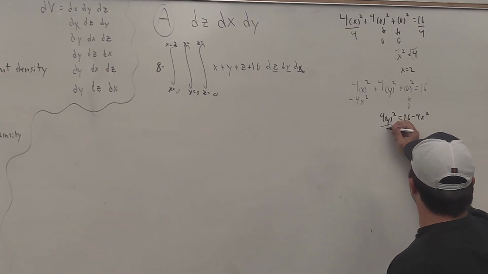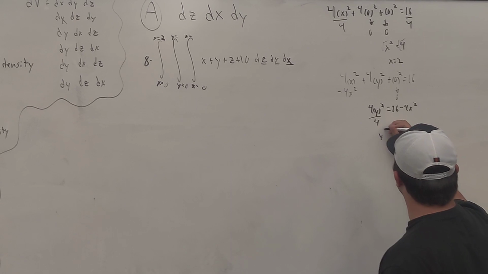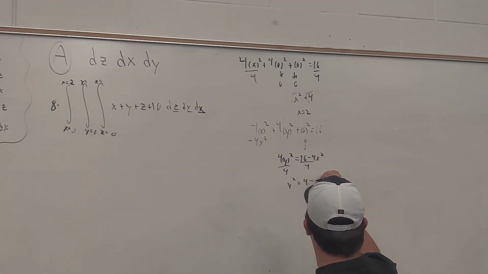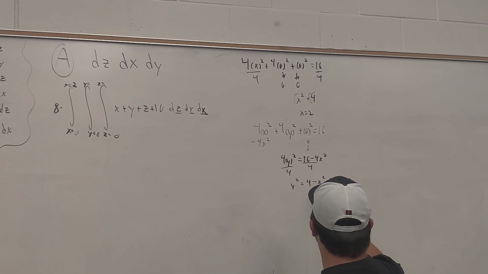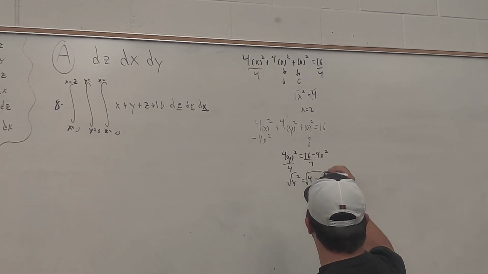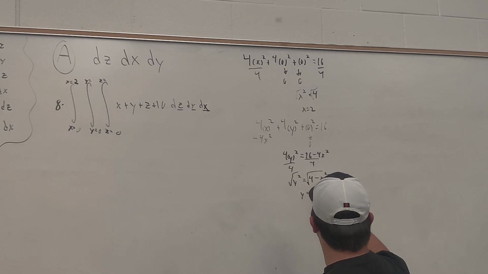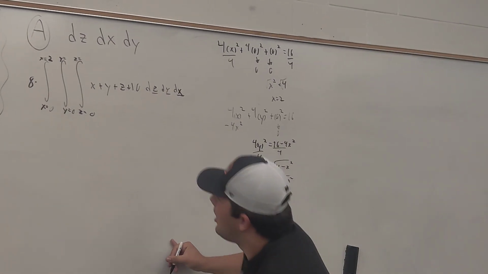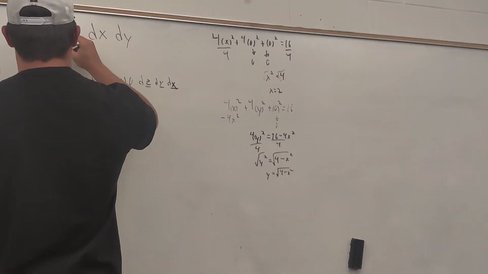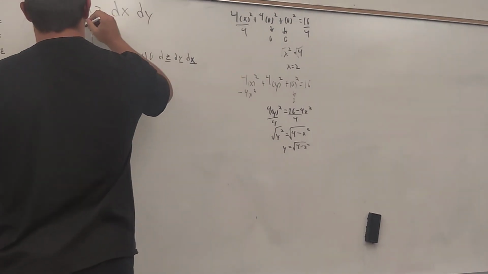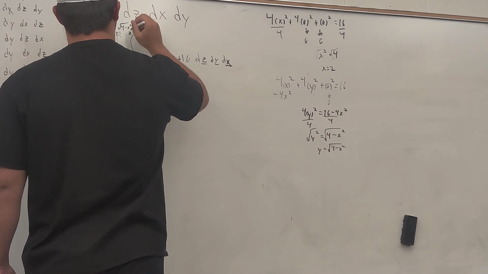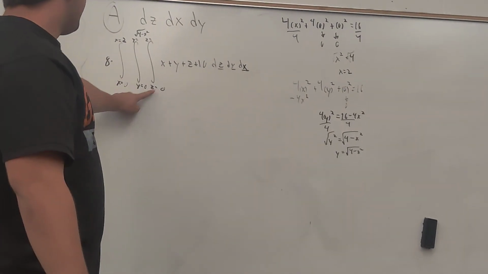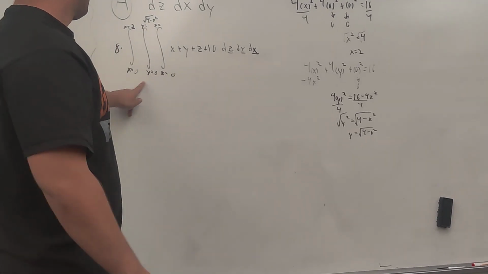Divide by 4 and we get y squared equals 4 minus x squared. Square root that and y equals the square root of 4 minus x squared. That's our upper limit for y, and the lower limit is still y equals 0.